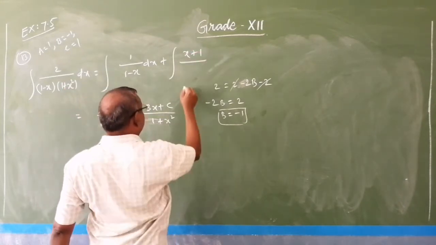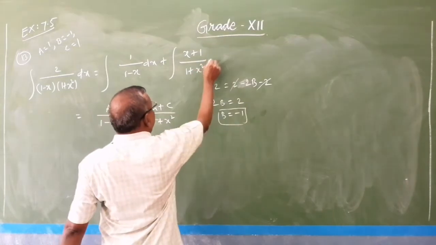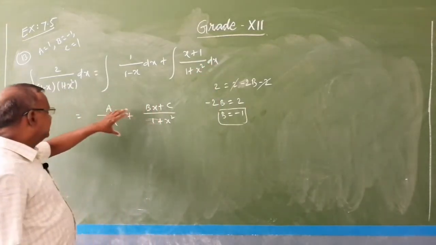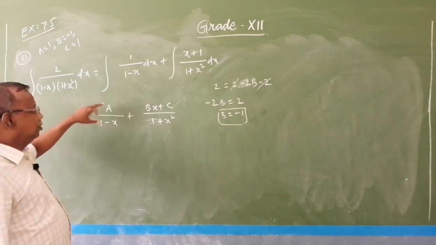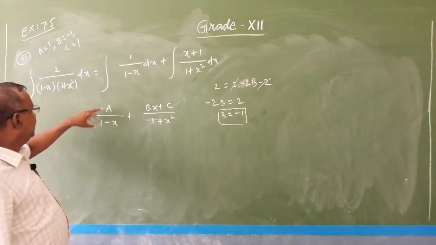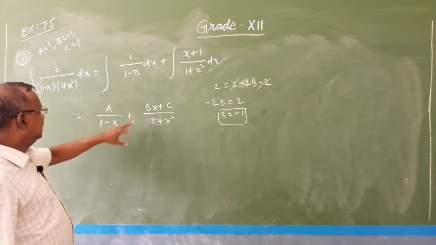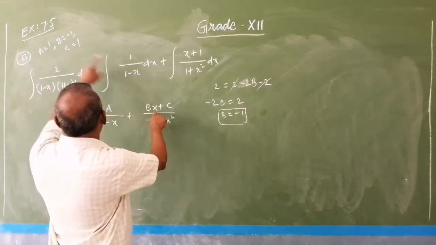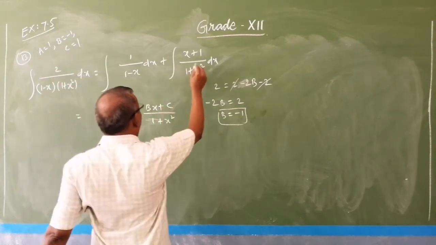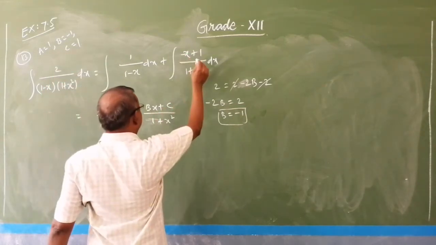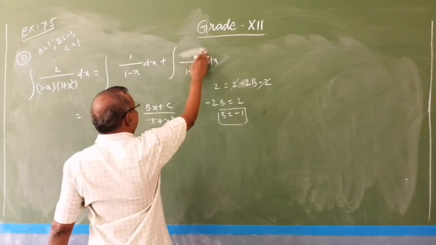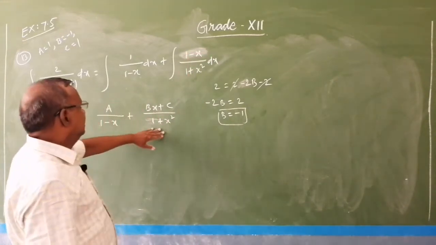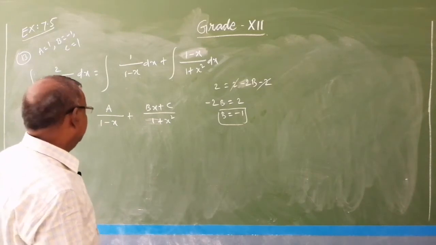So, minus x plus 1, that is 1 minus x, divided by (1 plus x square) dx.